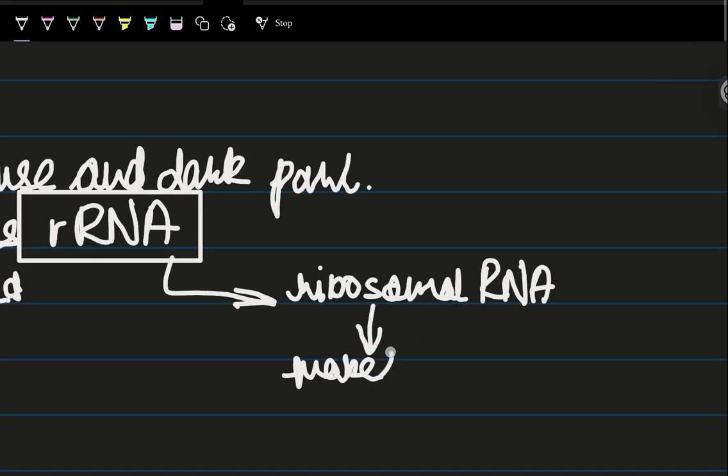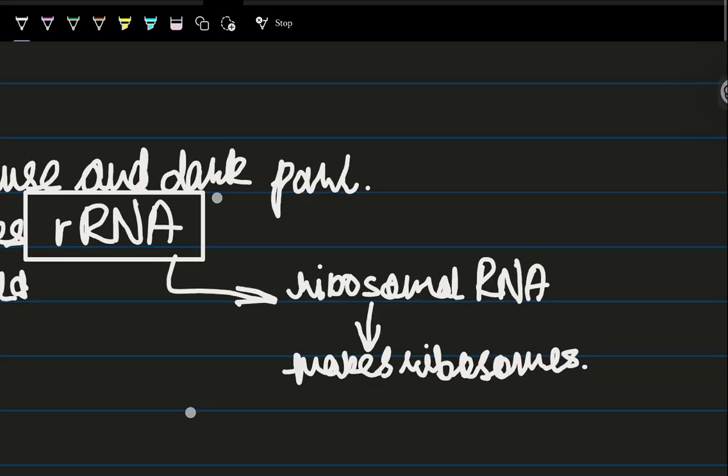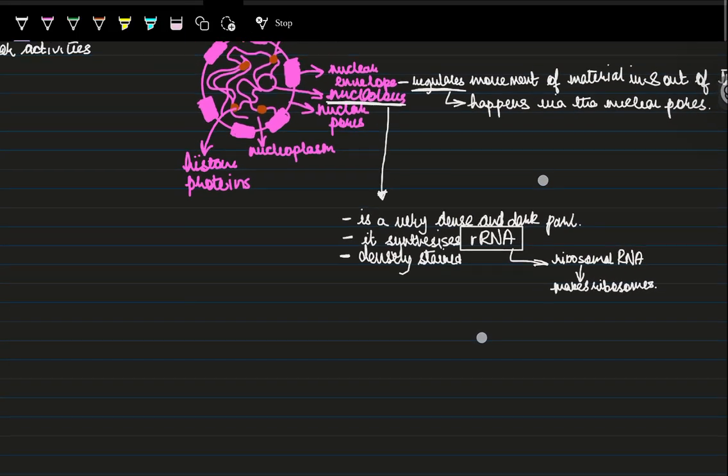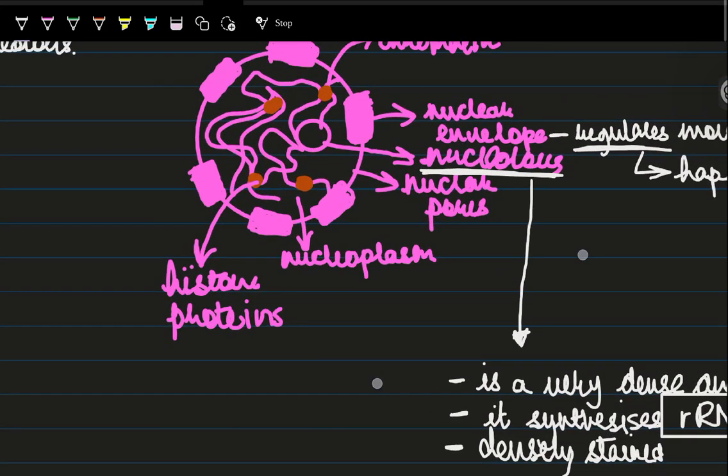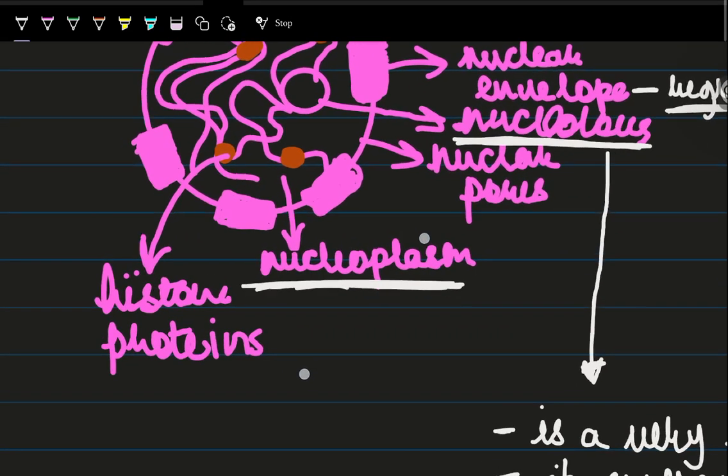Makes ribosomes. Okay, now that we're done with the nucleolus, we'll move on to the nucleoplasm. This is the last part we have to study about the nucleus.